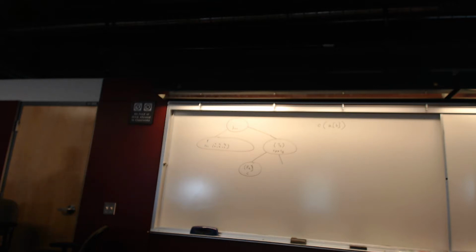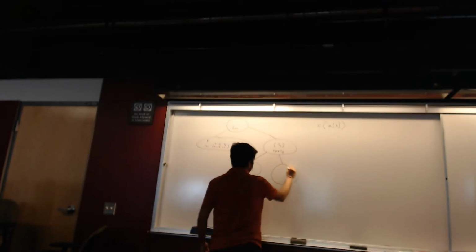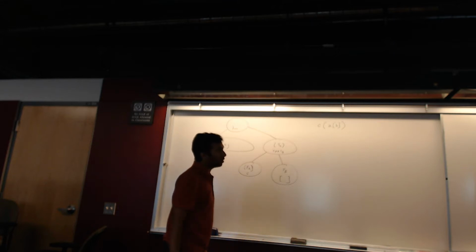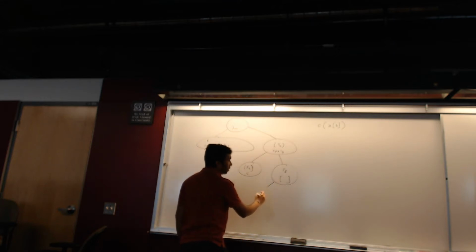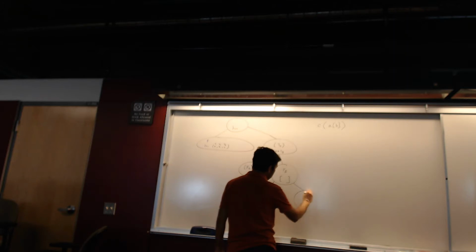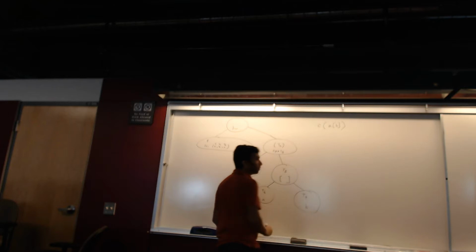Okay. So now the next thing is array. How do we represent array? We have this node and we give it T5, and then here we have A, we give it T6, and here we have B, we give it T7.